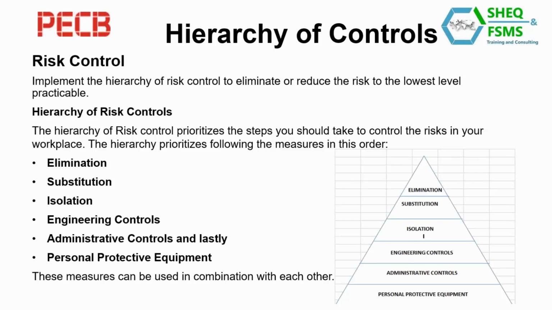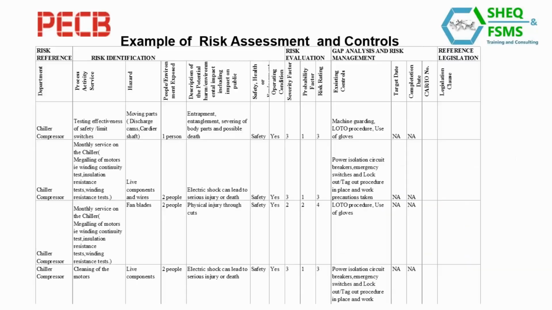Now here we present an example of risk assessment and controls. On the extreme left, we have a risk reference. I'll talk about the last on the column, which is chiller compressor. People are working in a chiller compressor.